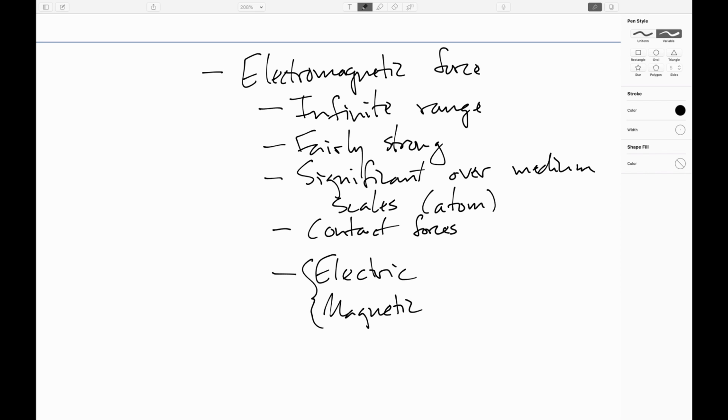Most of the time they look like two different things, but in certain cases it turns out you have to look at them as a unified whole. And so thus we talk about unifying the electric and magnetic forces into the electromagnetic force.